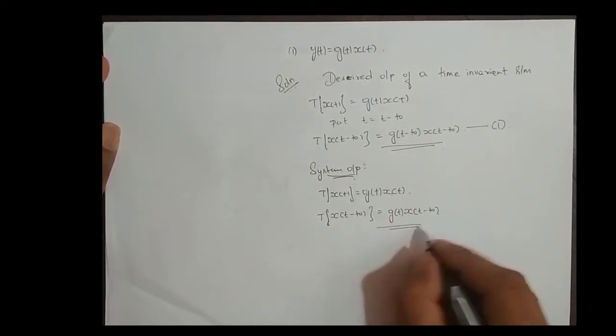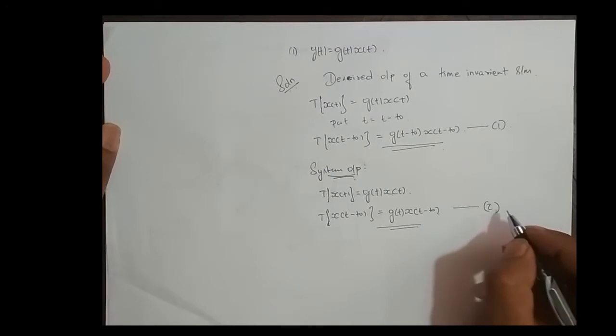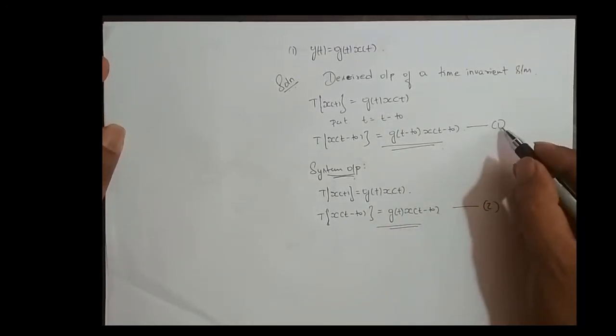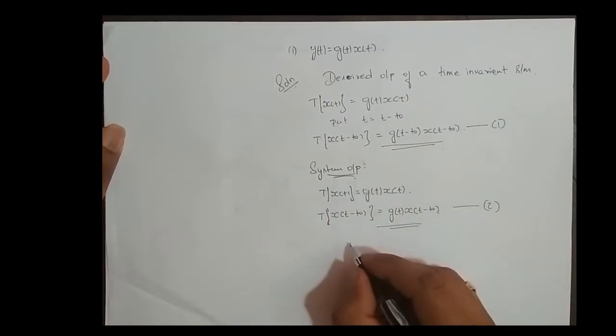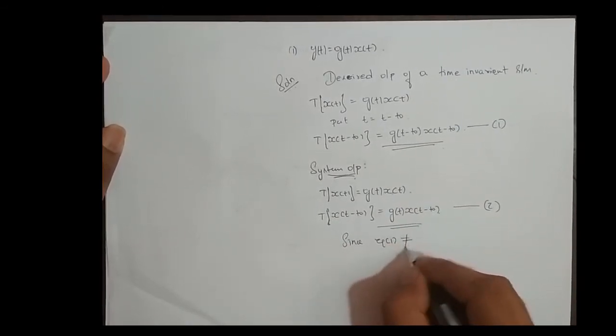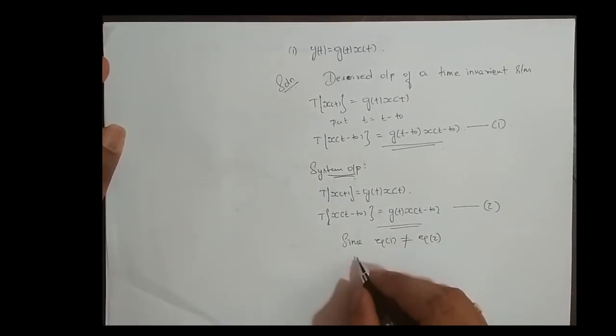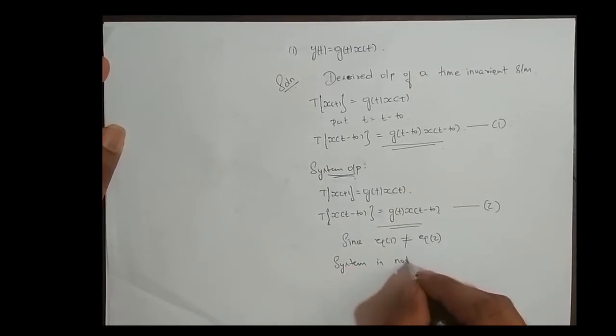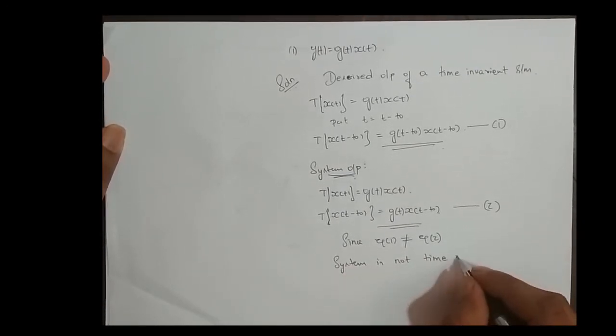Okay, this is actually the system output, which is equation number 2. Whether equation 1 is equal to equation 2? No, right? So since equation 1 is not equal to equation 2, the system is not time invariant.